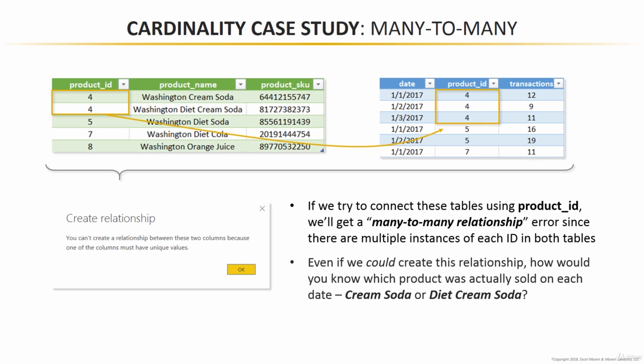But since ID number 4 is associated with multiple product names, how do we know how many of those sales or transactions were for Washington cream soda versus Washington diet cream soda, which for the record sounds like the worst beverage on the planet. That's not relevant here, but you get my point. There's no way to make sense of this data with the tables in this kind of form.